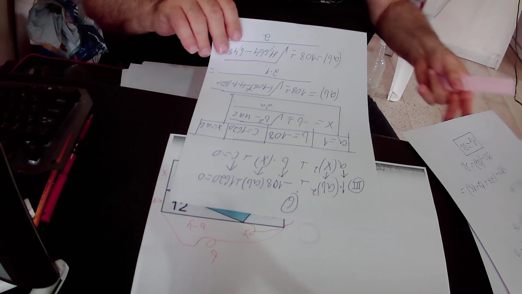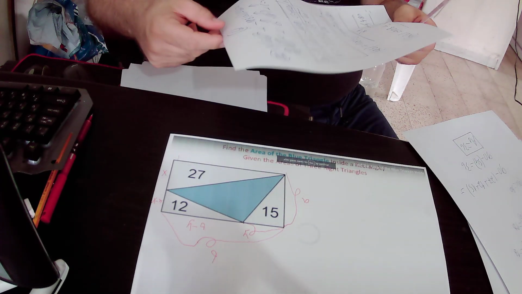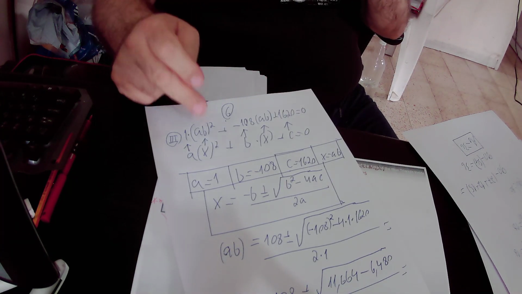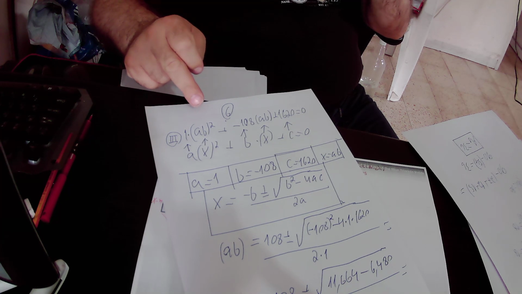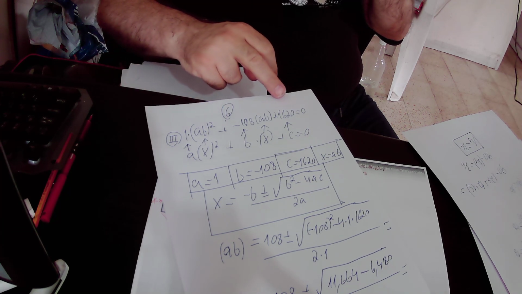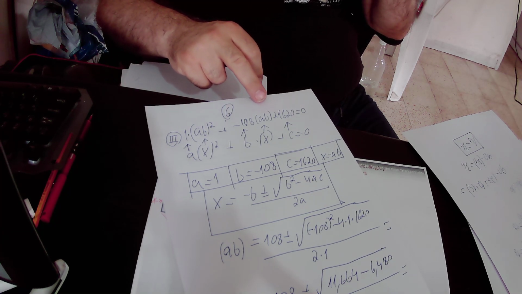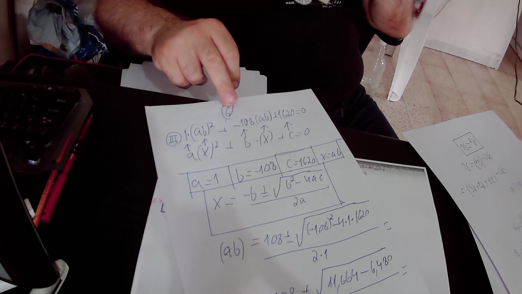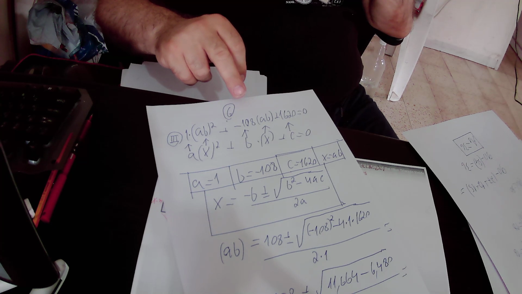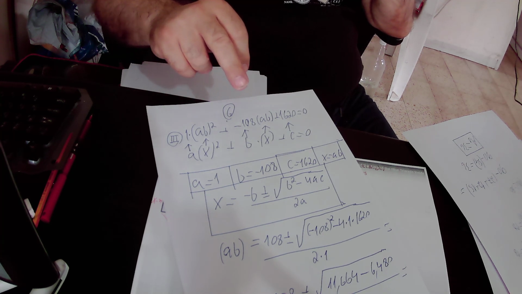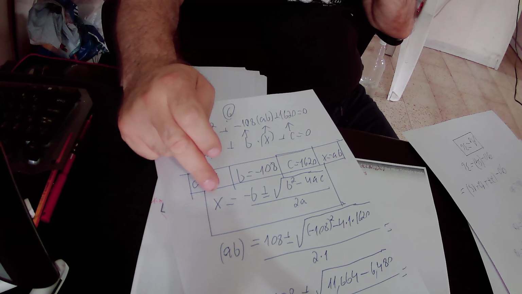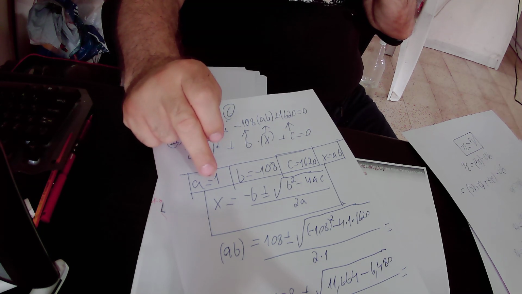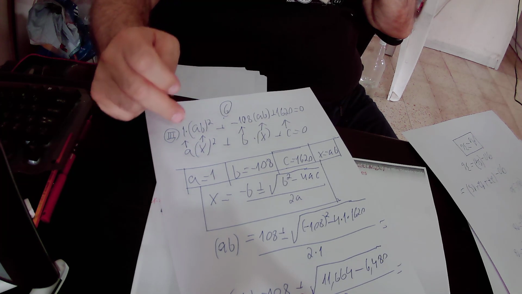We got the quadratic equation where AB is the variable that we want to find, and after we used the special formula for x, that is AB, we found two solutions for AB.